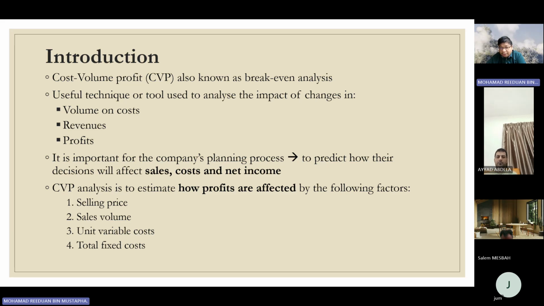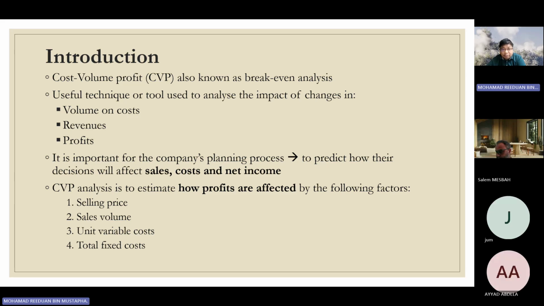So you need to put in all these criteria and then you can do your budget. So for the importance of company planning in the budget, we look into your sales, your cost as well, and net income, how much net income you are targeting, normally based on the margin.